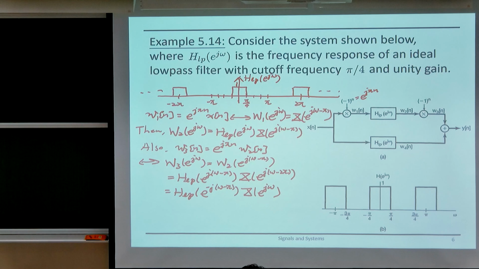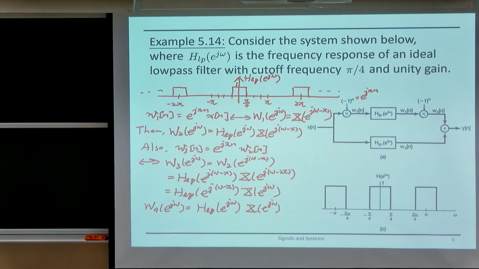Now, the lower branch is much simpler. It's simply the spectrum of x times this low-pass filter. So W4(e^jω) is just HLP(e^jω). I'm sorry, there's no minus here. So in the lower branch, this should be HLP times X(e^jω).